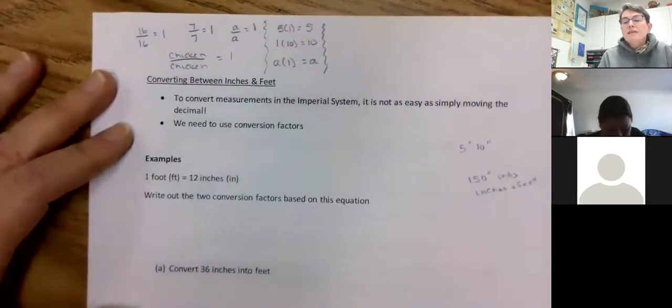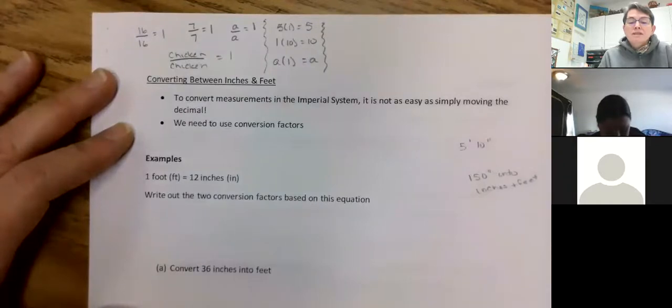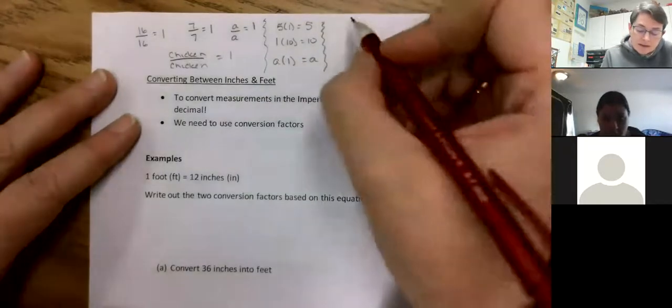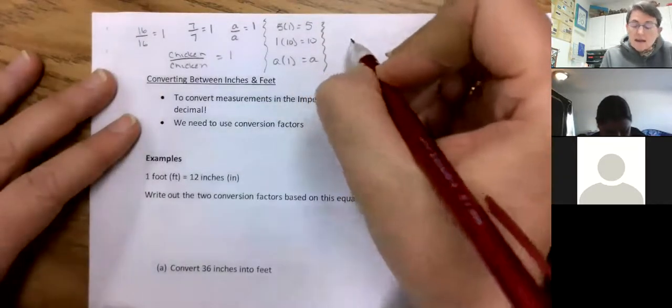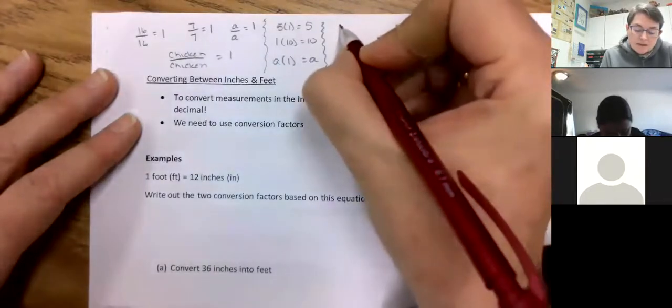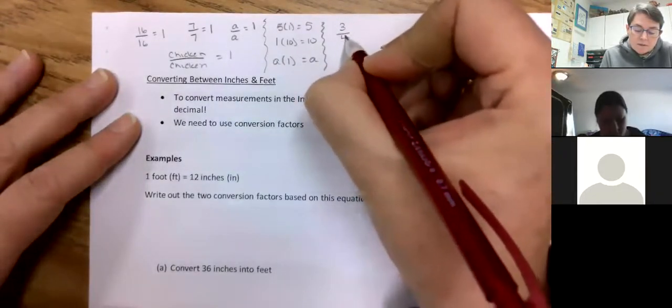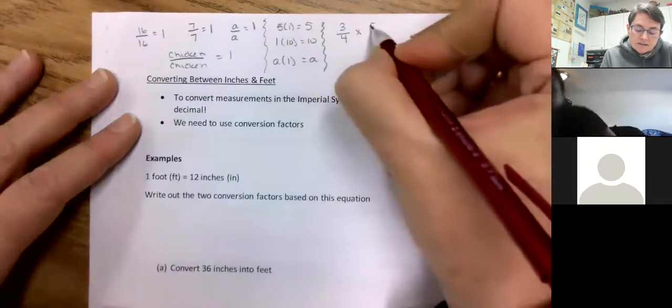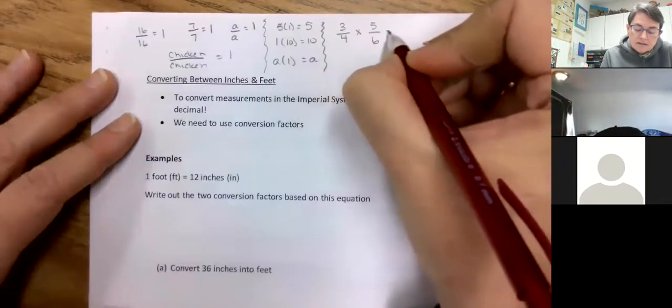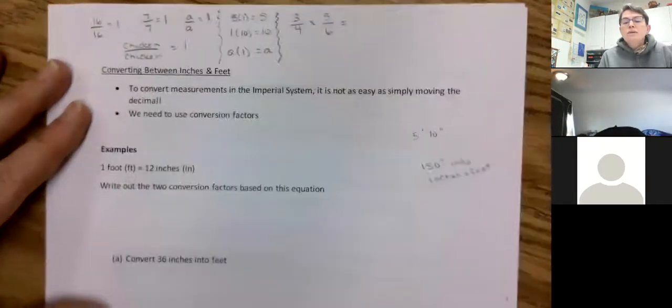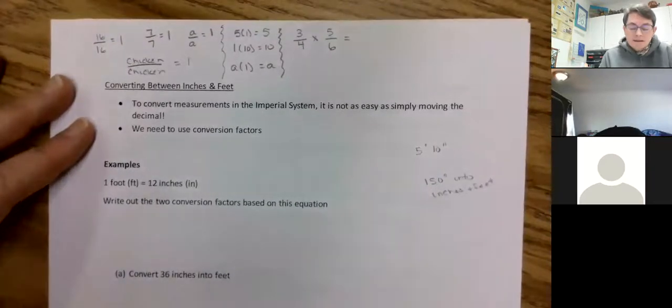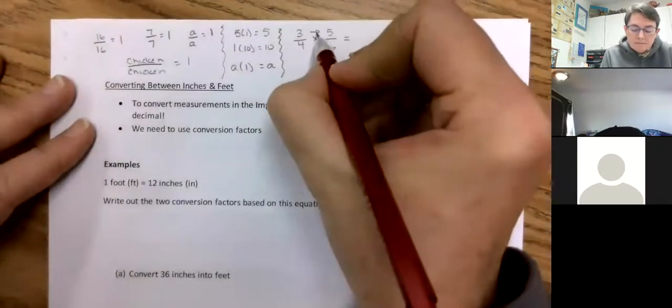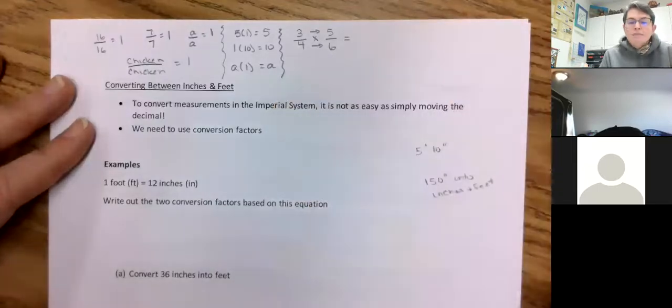The third thing we need to know before we start doing conversion factors my way is how to multiply a fraction. Most people don't do this very often, and we're just going to keep it super easy. You multiply across the top and you multiply across the bottom.